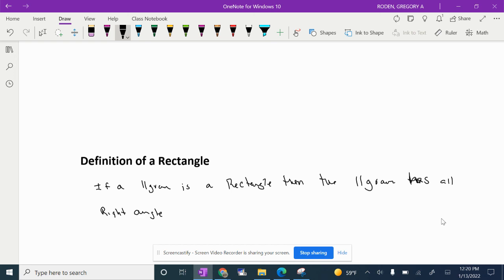So that's the definition of a rectangle. It has all right angles. Okay, and then we are done.